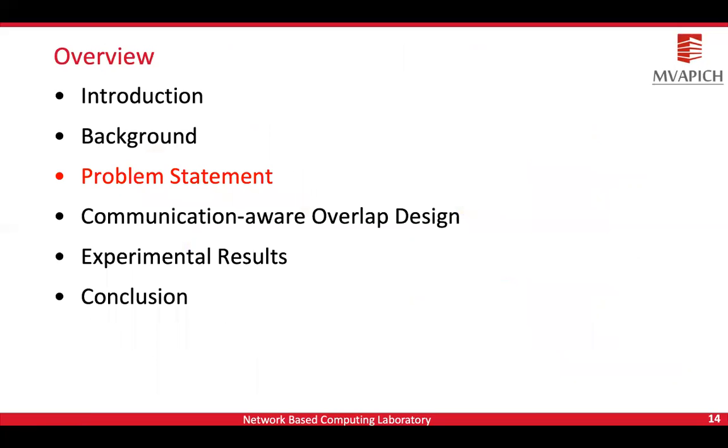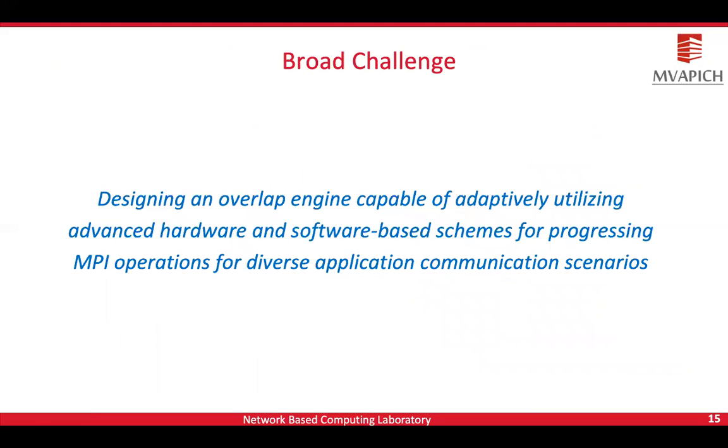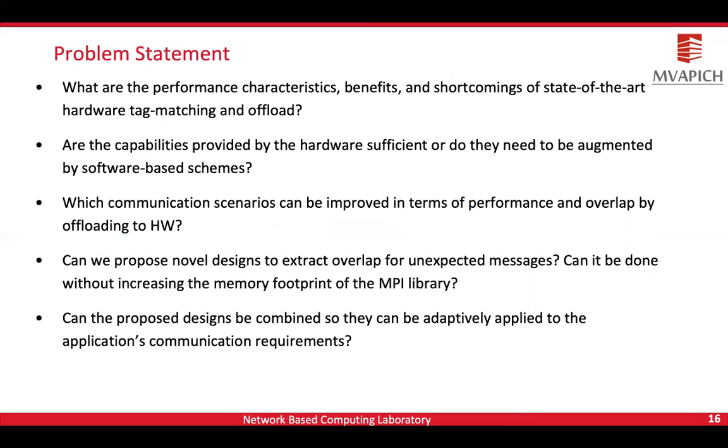Now, with all of these backgrounds in mind, we come across this broad challenge: how can we design an overlap engine which is capable of adaptively utilizing advanced hardware and software-based schemes for progressing MPI operations for diverse application and communication scenarios? This can be detailed in several bullet points. What are the performance characteristics, benefits, and shortcomings of state-of-the-art hardware tag matching and offload?